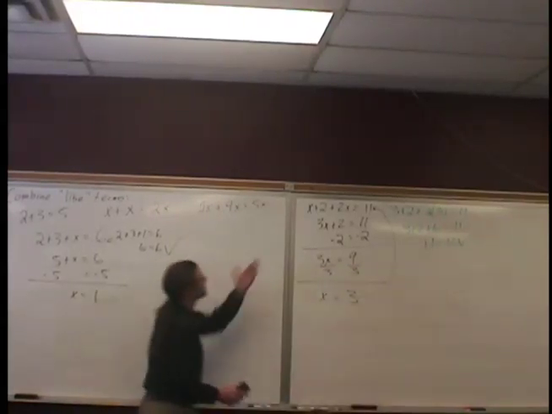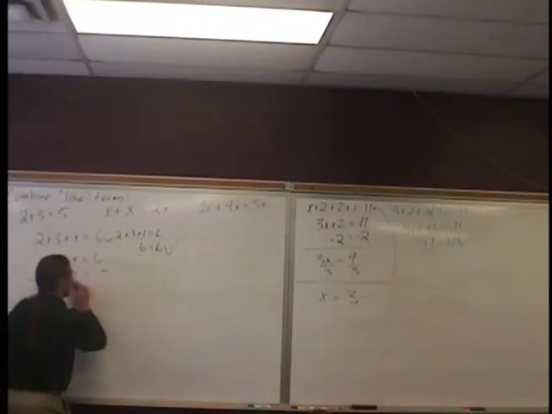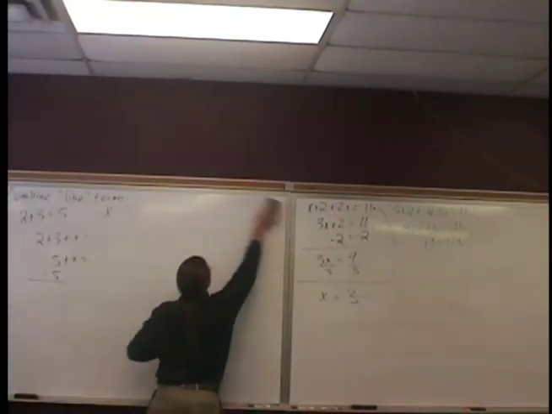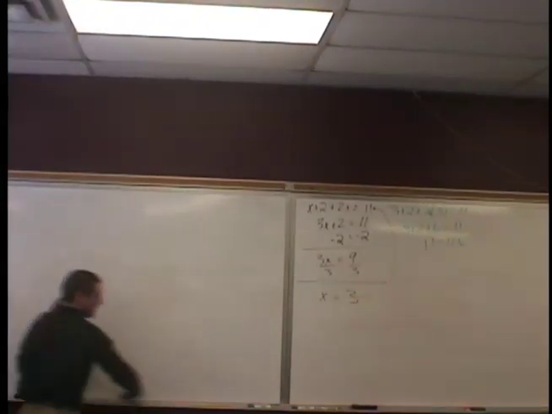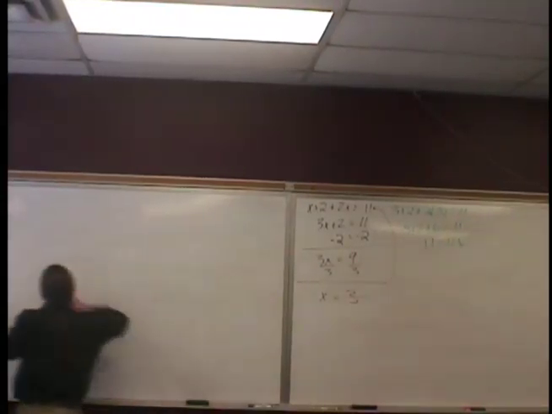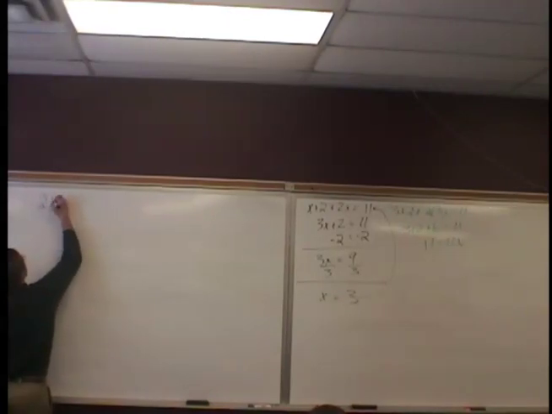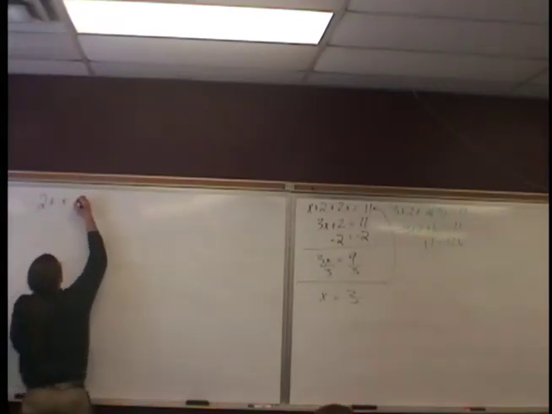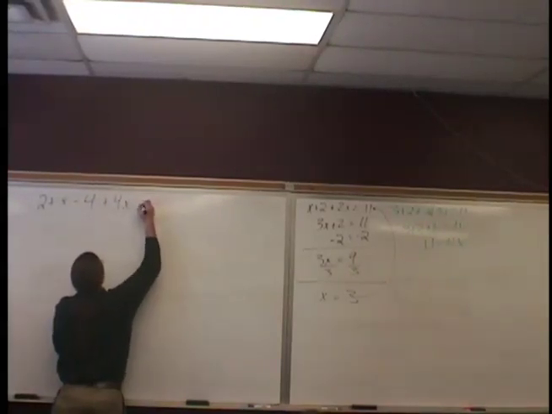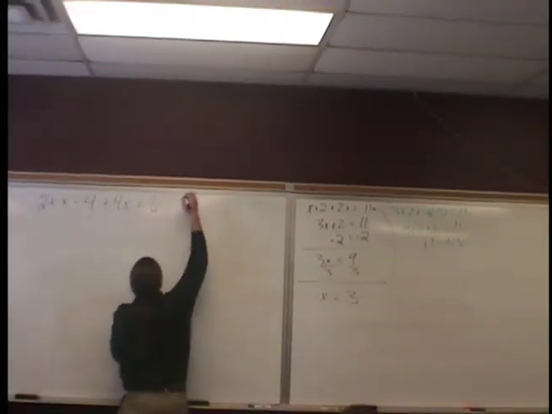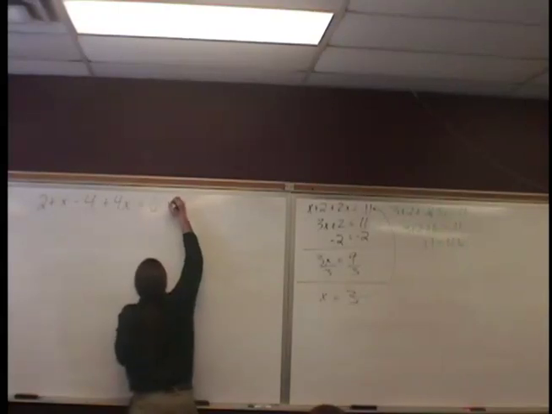Okay, so combine like terms. All right, now. Let's suppose that I give you 2 plus x minus 4 plus 4x equals 6 minus 1.